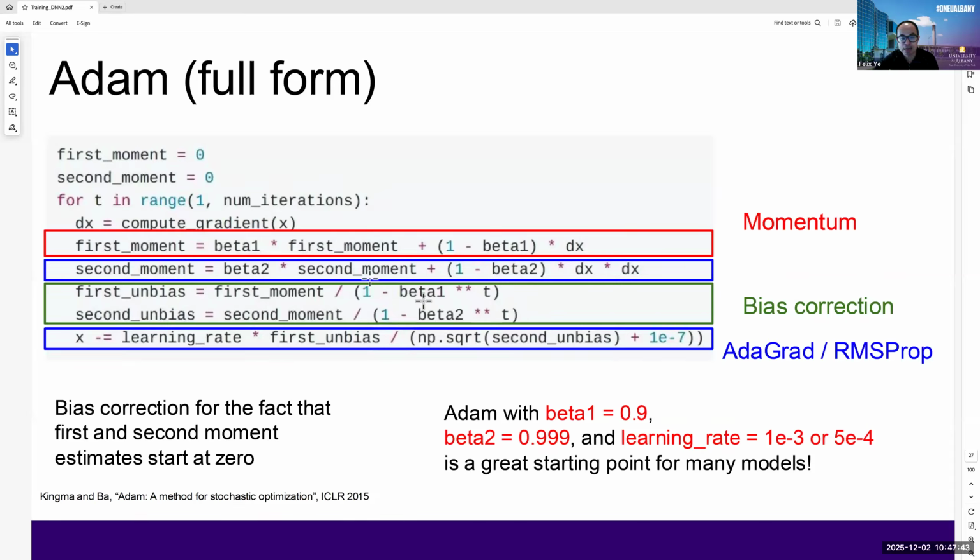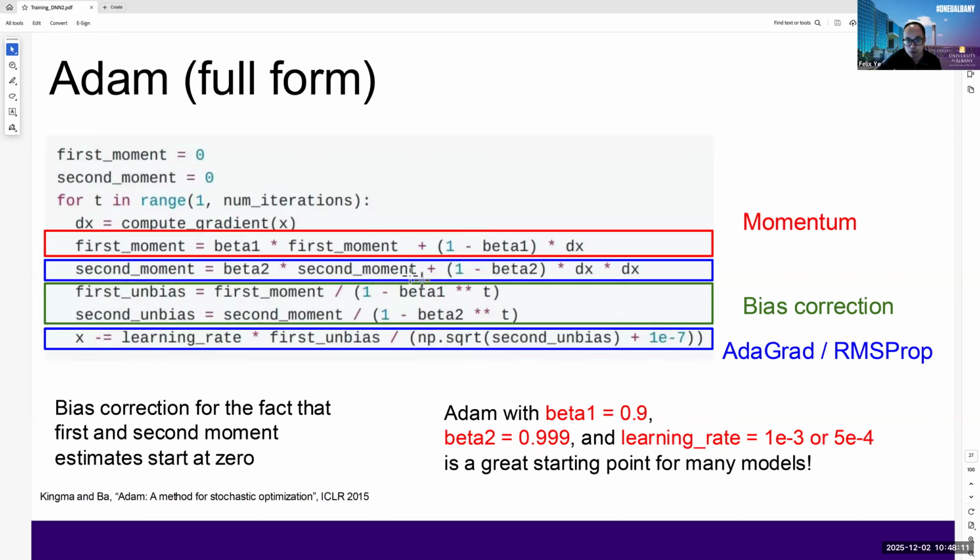So you might ask, why is this 1 divided by 1 minus beta 1 to the power of t? You need to think about how you do it, right? You have 1 minus beta 1, 1 minus beta 1 squared, 1 minus beta 1 cubed, and you sum them together.